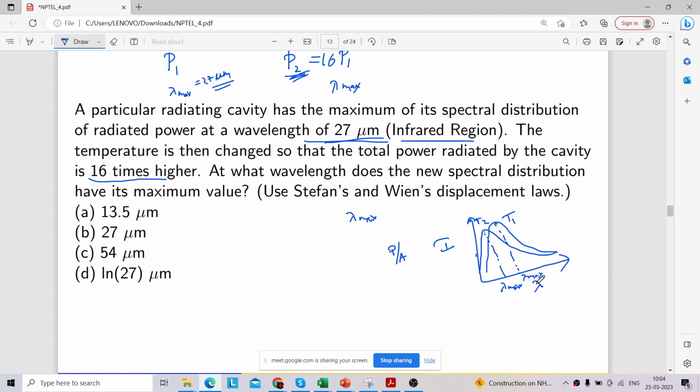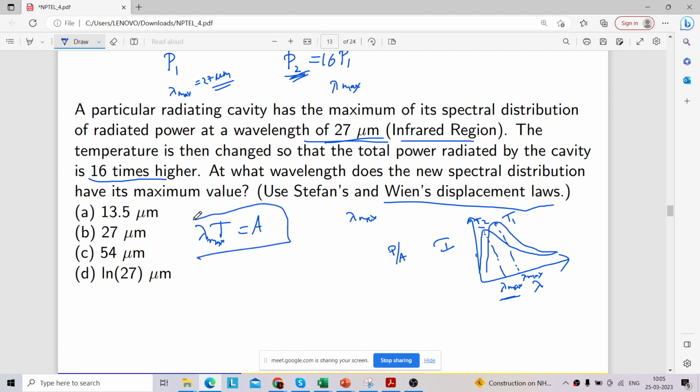This power is changed, so temperature is also changed from here to here. Then the wavelength of maximum intensity will also change. So what we have to do, we know the relation lambda times T is equal to constant. This is Wien's displacement law. So this lambda is maximum lambda.